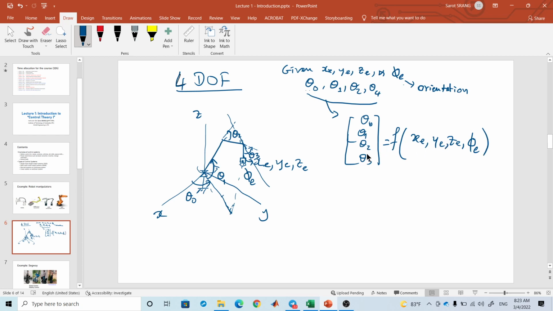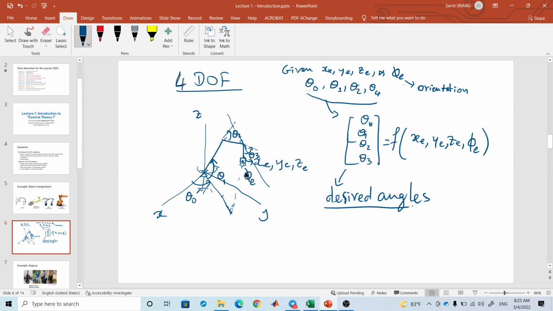You compute them, and then you call these the desired angles. Which means you want your motors to rotate to these respective angles.